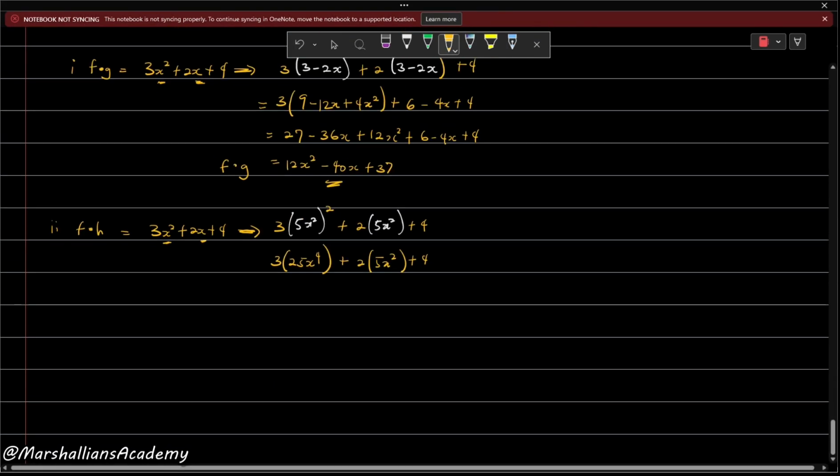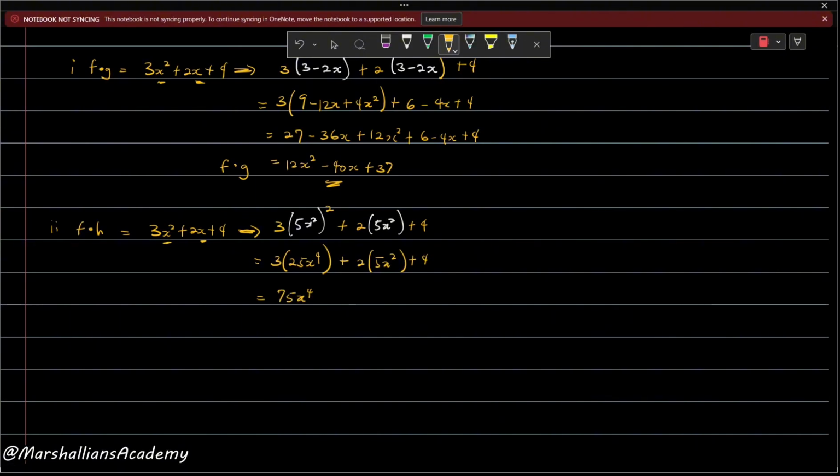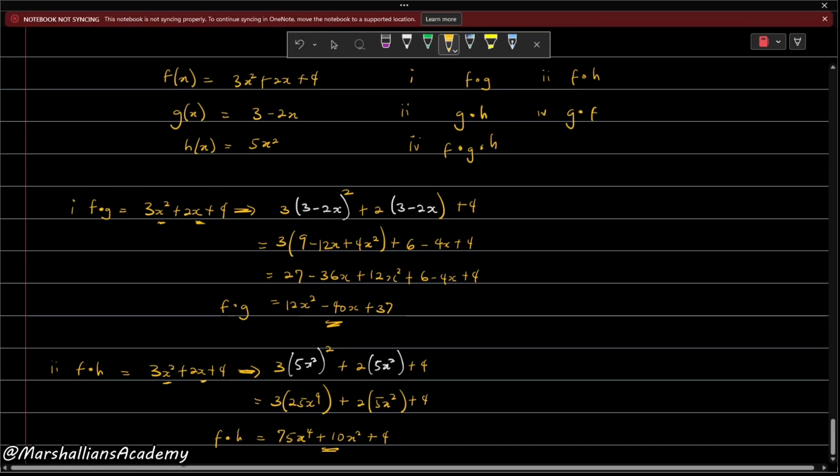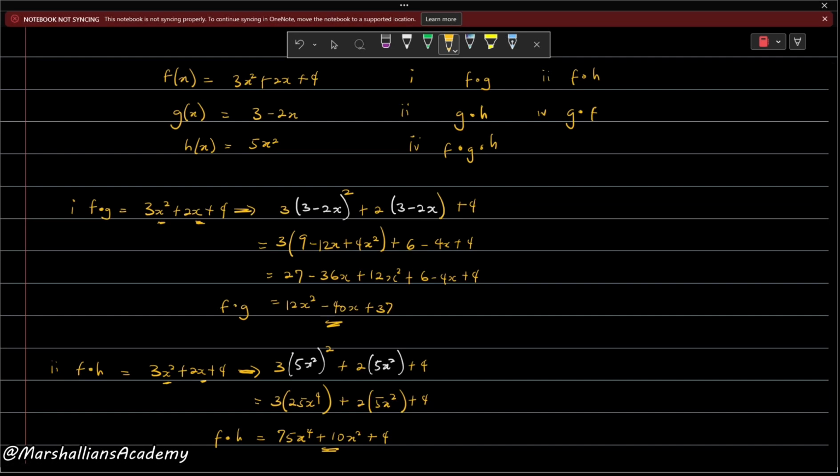Now let's just open all the brackets all at once. This gives us 3 times 25 is 75x to the 4th, plus 2 times 5 is 10x squared, plus 4. And there's nothing else to do. This is f of h. Quite excellently done. Very easy. If you do not understand, do well to rewind the video and play it as many times as possible. Yeah, going on to the next thing.